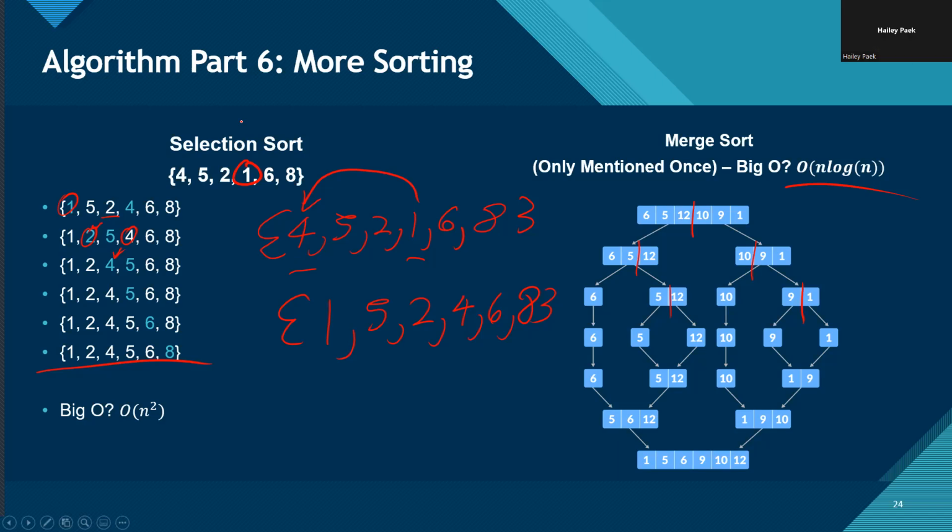I thought you put the 1 in the front and just move everything to the side, but you swap the first one and then you just keep going. Yeah, selection sort is all about swapping. It's a swapping algorithm. That's what it is.